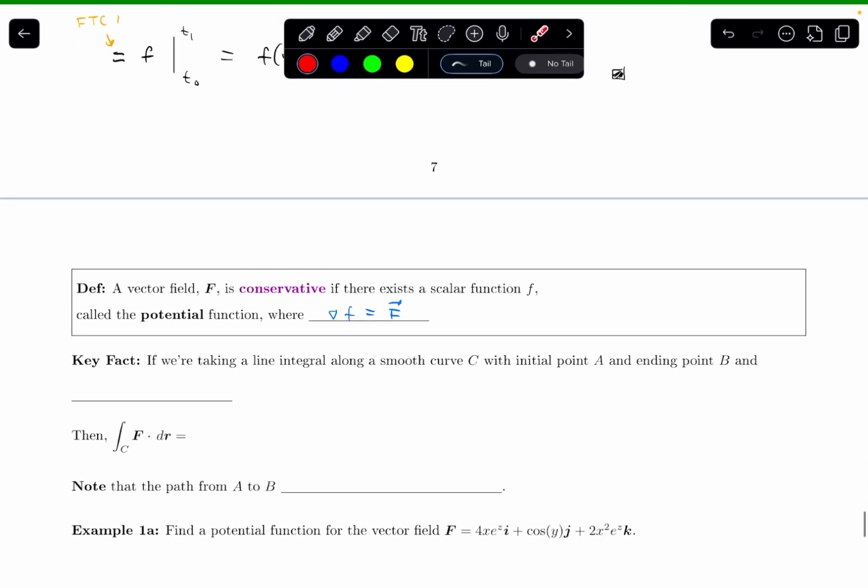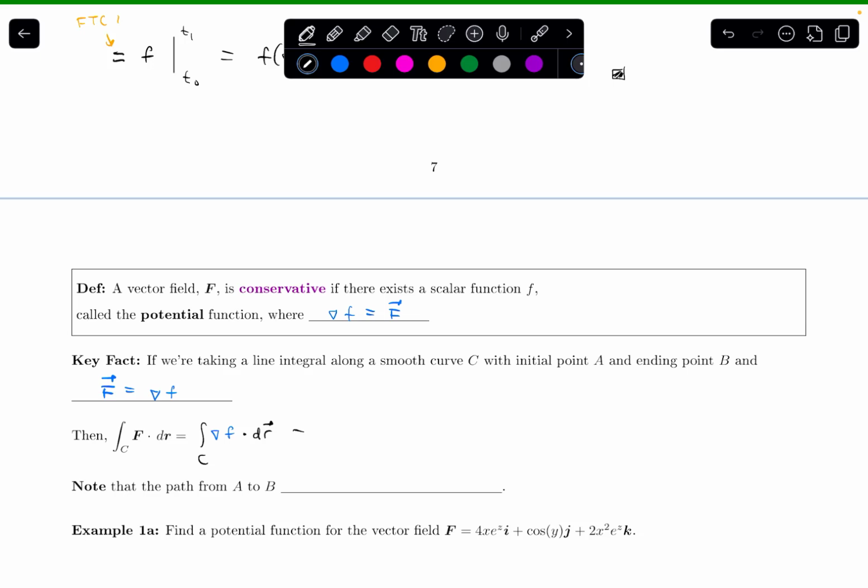So the key fact is, if we're now taking a line integral along some smooth curve with some initial point and some ending point, and on top of that, I know that my vector field happens to be the gradient of some function, lowercase f, then when I'm doing my line integral of the vector field, which is the gradient of little f, dot dr, I can use that fundamental theorem of line integrals.